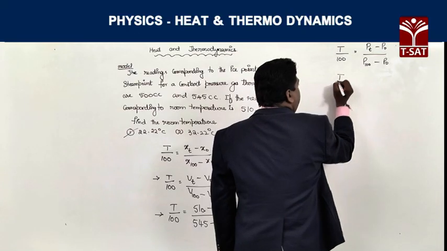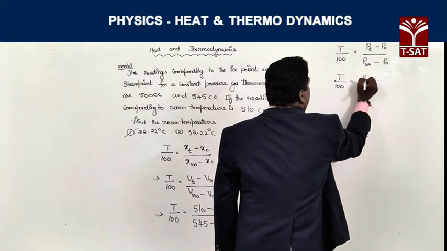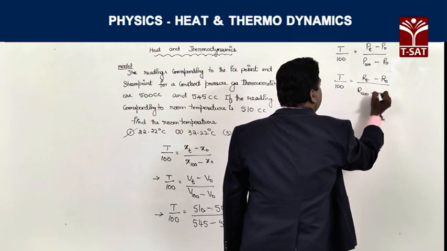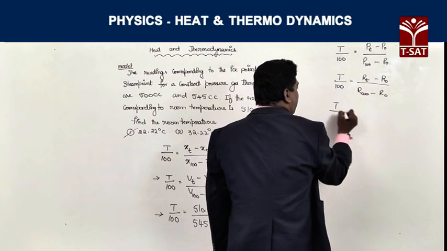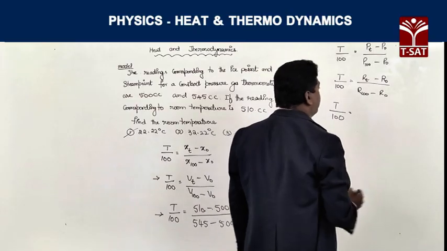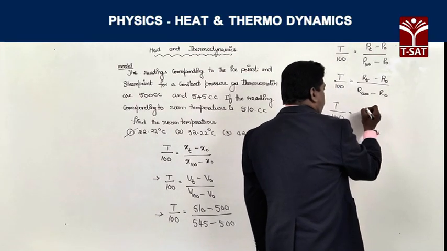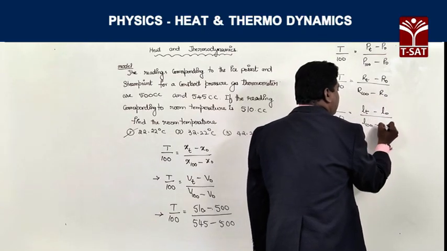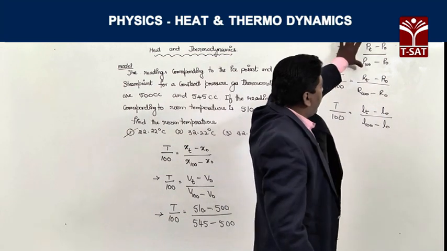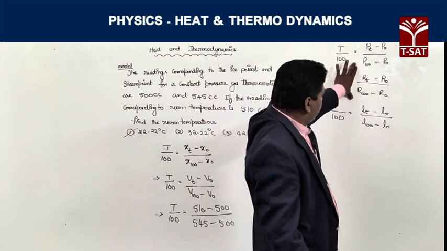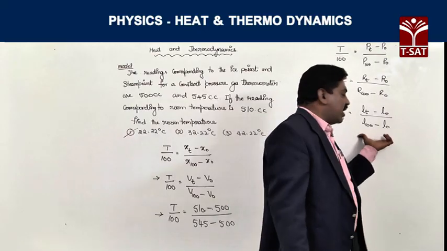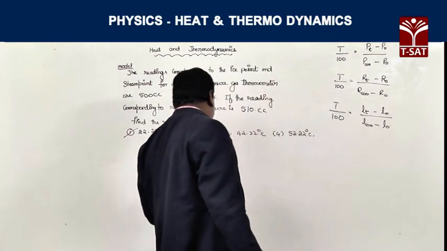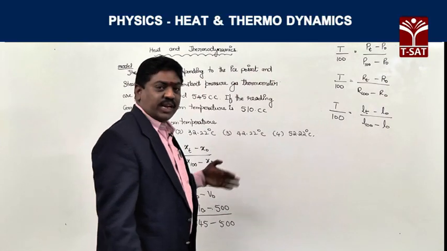Similarly, T by 100 equals Rt minus R naught by R100 minus R naught. The same can be written for T by 100 equals Lt minus L naught by L100 minus L naught. In each case, we have pressure, resistance, or length as the physical property. In the same manner, by substituting the values, we can obtain various types of problems.